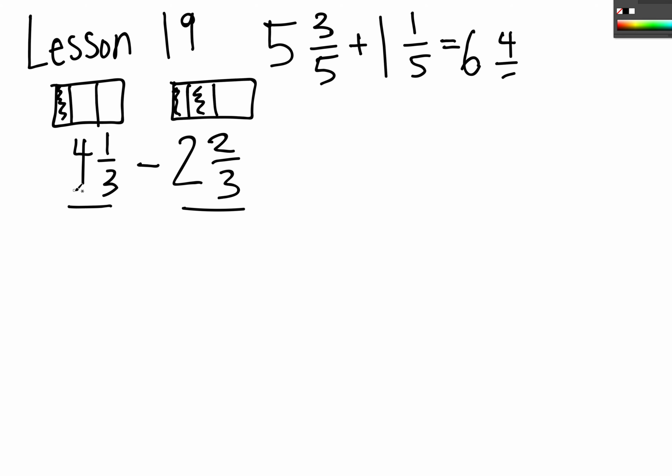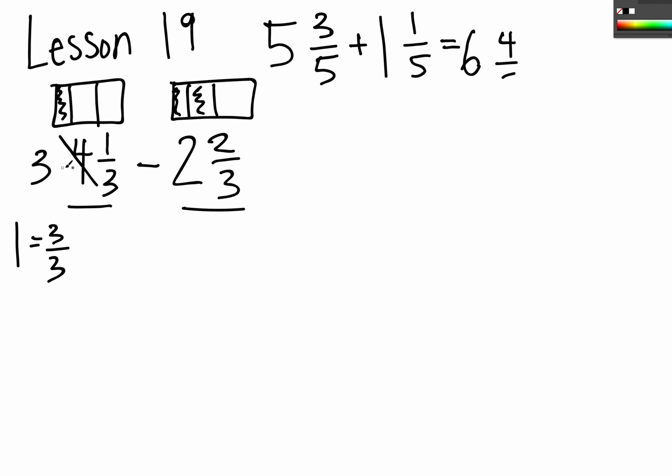However, what I'm going to need to do so that I can solve the problem is borrow 1 from my mixed number. So my 4 is going to become a 3 because I'm borrowing 1. And 1 in this problem equals 3 over 3, correct? Yes.